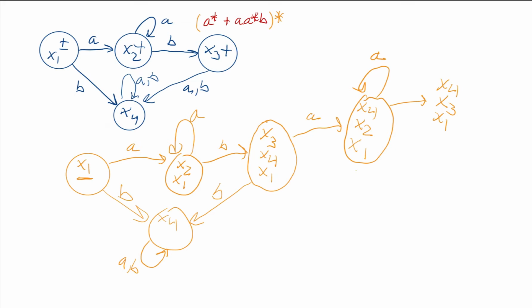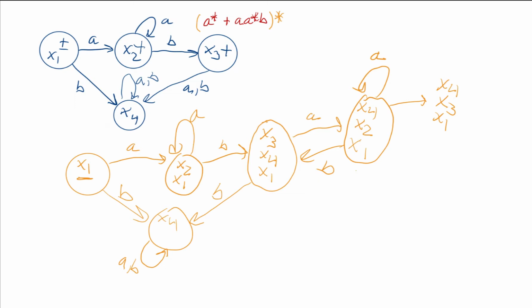And if I'm in state x1 and I read a B, I go to state x4, which is already there. So x4, x3, x1, that happens to be this state right here. So with a B, we'll just go back that way.